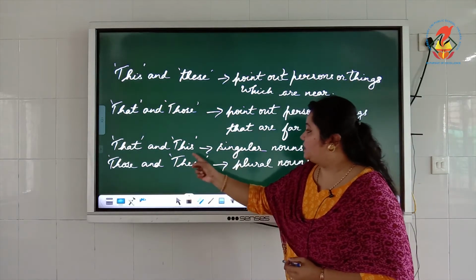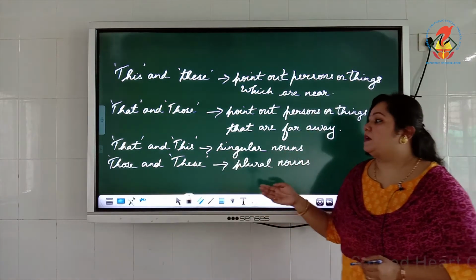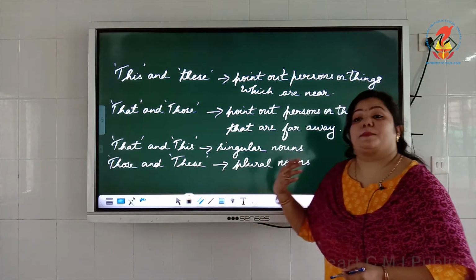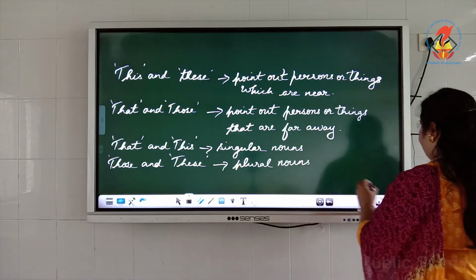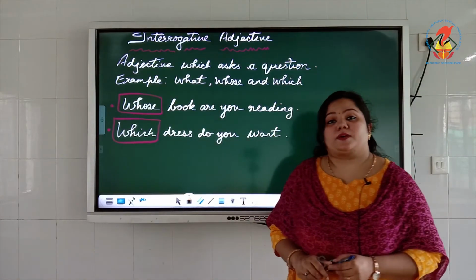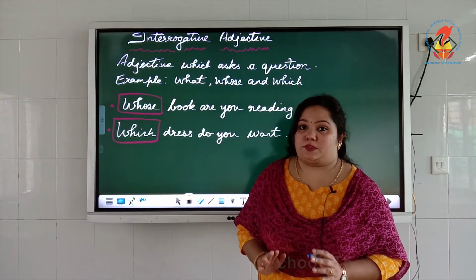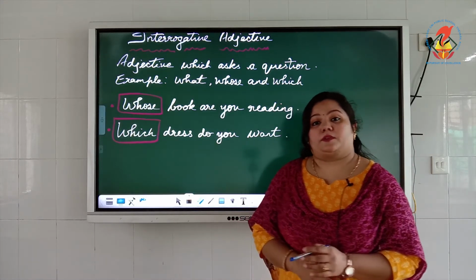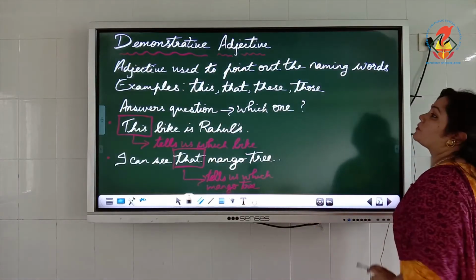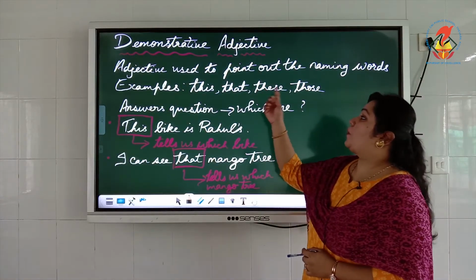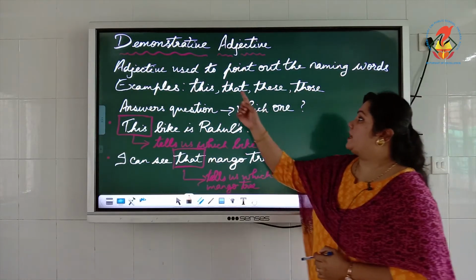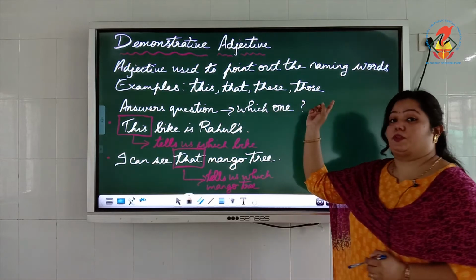This and that are used for singular nouns. These and those are used to pinpoint plural nouns. Okay, so I hope you understood what a demonstrative adjective is. Alright, demonstrative adjectives are used to point out the naming word, right? And the examples are this, that, these and those.